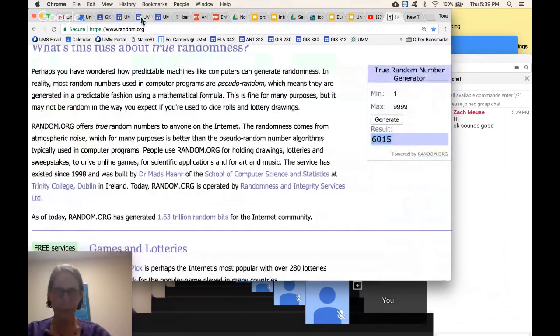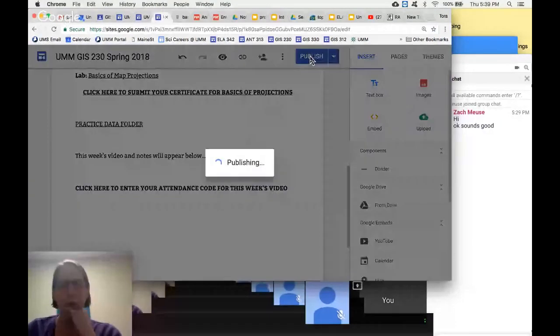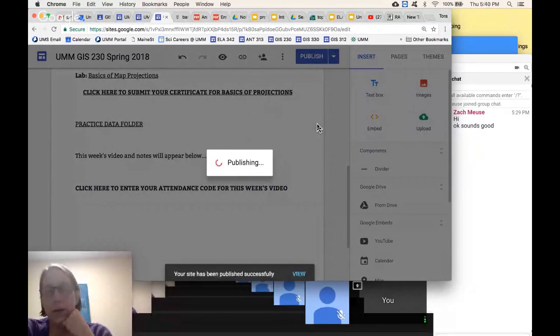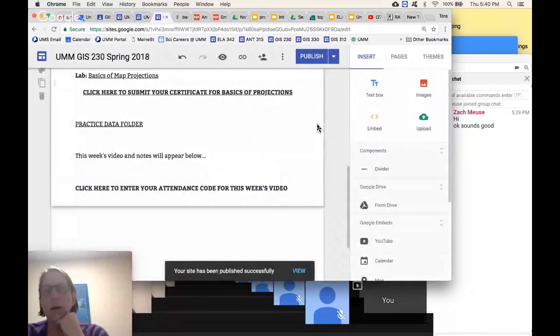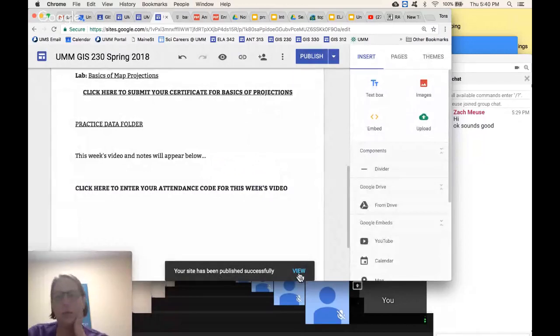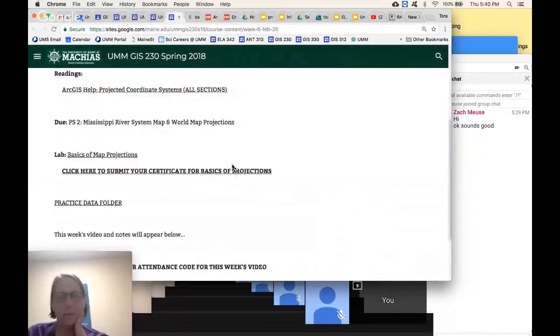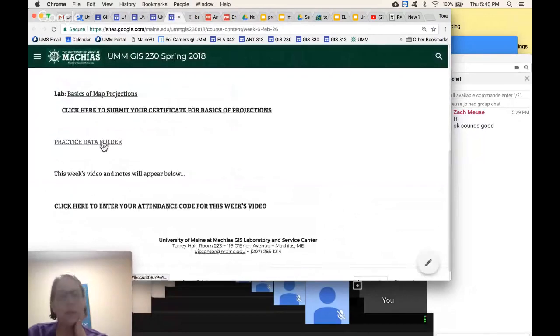And you are going to need some data from the printer. You're also going to use this data in your next problem set. So it'll be handy to have. And there's a link to the practice data folder.